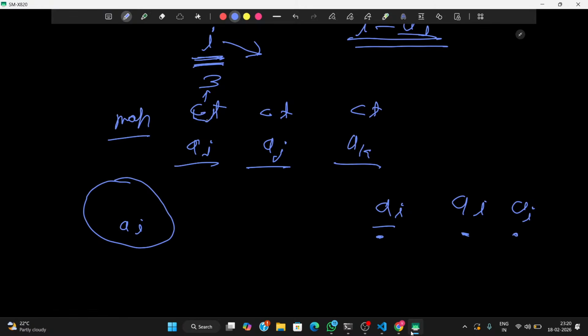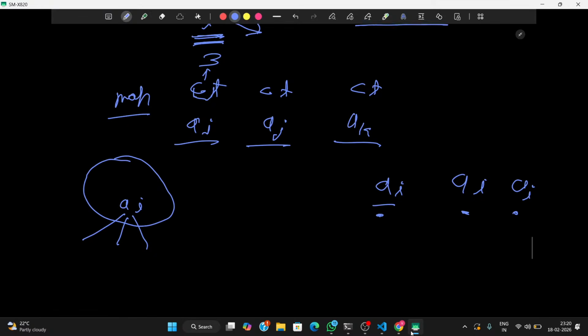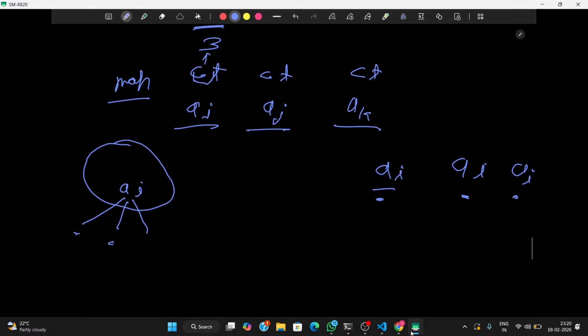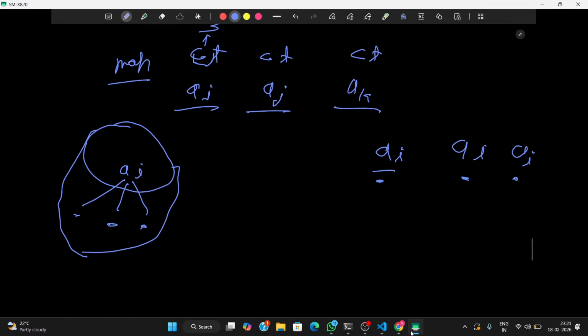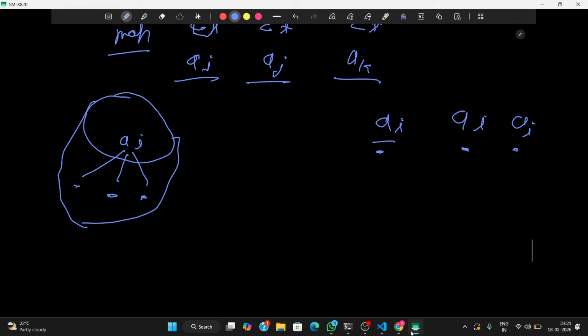So what we can do is take any three values and connect them to ai, and simultaneously they will be connected to the component which has ai also, right? So doing this, we need to construct a fully connected graph, right?